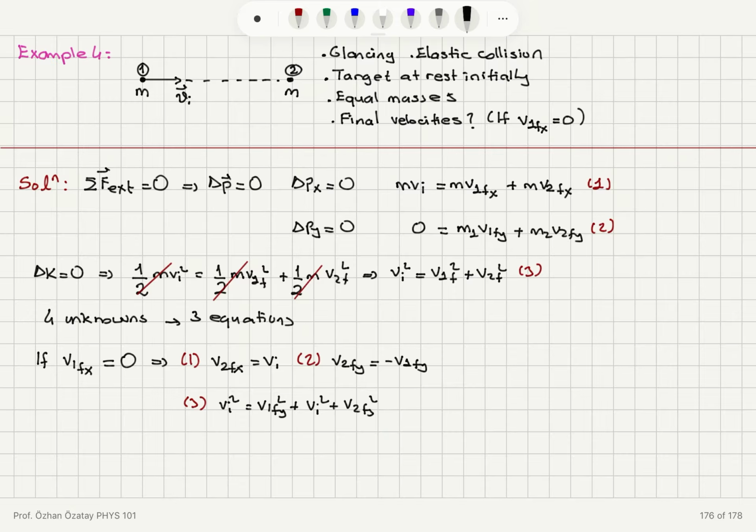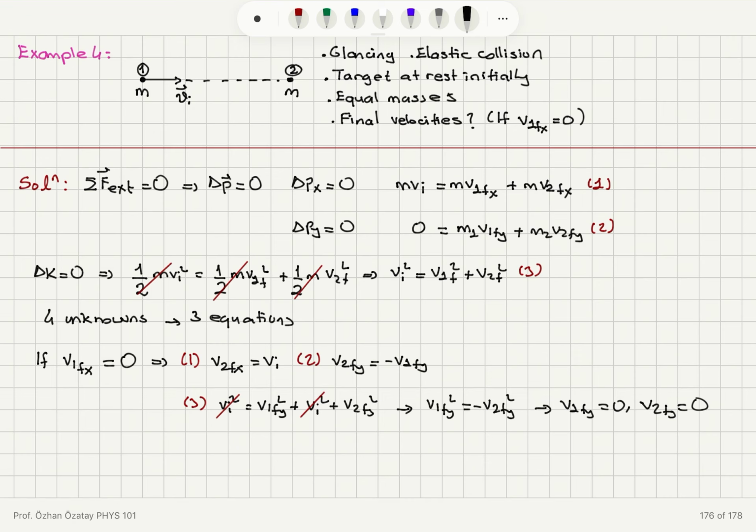And for this one, if I have V1 final x equal to 0, then for V2 final x I substitute Vi squared, so the Vi squareds will disappear, and I will find that V1 final y squared is equal to minus V2 final y squared, and this basically implies that V1 final y should be 0 as well as V2 final y should be 0.